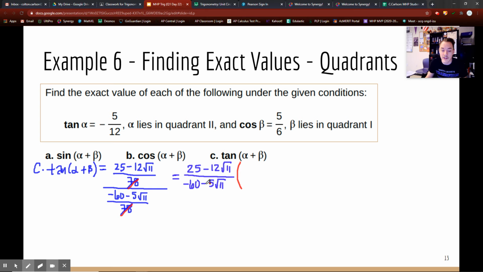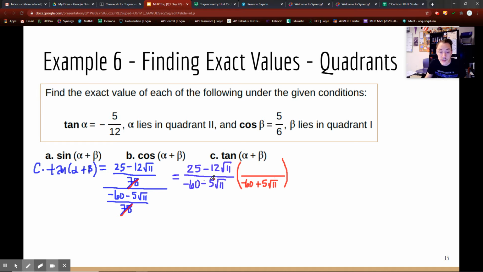Well, you see how there's a negative here. I need to eliminate my radicals in the bottom, in the denominator. How I do that is multiply by the radical conjugate. So this is negative 60 plus 5 times radical 11.